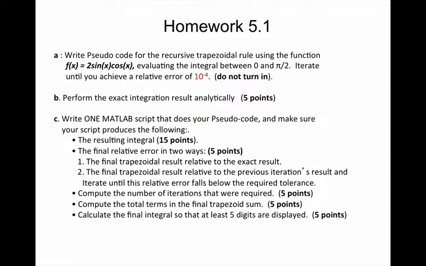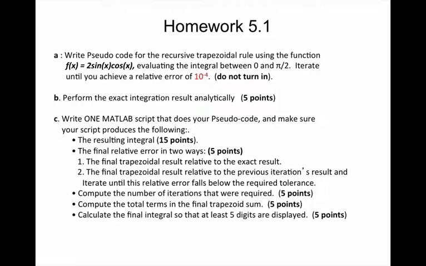So do them both, because you can in this case, and keep track of how many times you had to iterate. How many times did you go through that loop? And print that out. That's worth 5 points. Calculate the total number of terms that are in the trapezoidal rule that you had to use. Well, you'll need to build a counter in there that every time you create a new term, you count it.